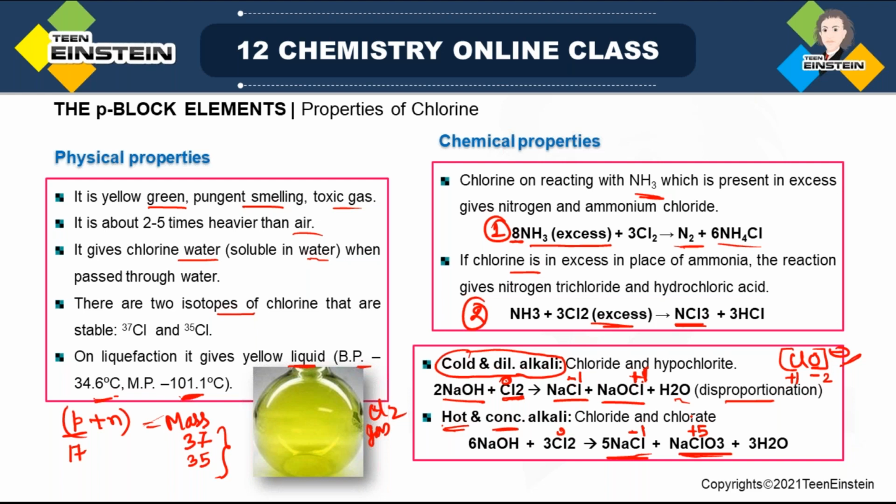So this is also one kind of disproportionation reaction. But remember, in both cases NaCl and H2O are common. If it is cold dilute alkali, the third product is NaOCl. But if it is hot and concentrated, chlorine has +5 oxidation state in the compound NaClO3.